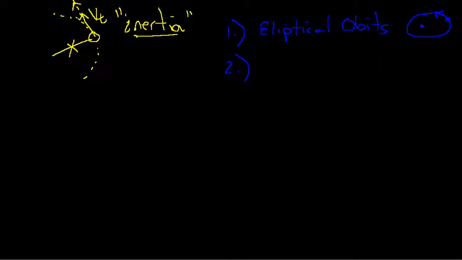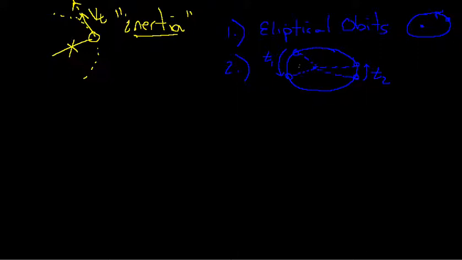Kepler's second law says that if you have objects traveling in this elliptical fashion, and here's your central point that they're orbiting around, the time it takes for an object to go from this position to this position, let's say, is t1. And when the object's over here, the time it takes to go from here to here is t2. Then a funny thing happens if you look at the areas.